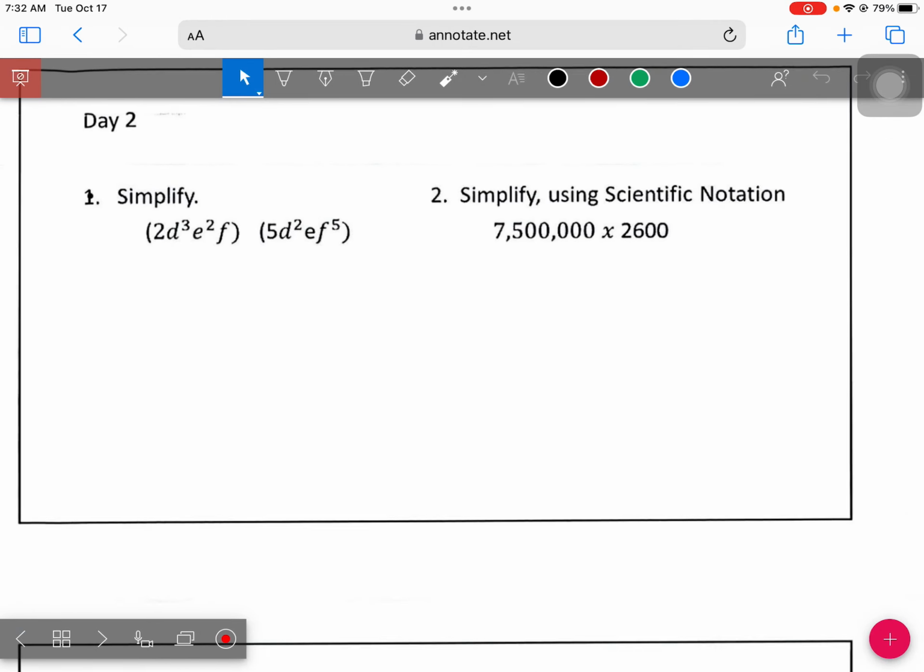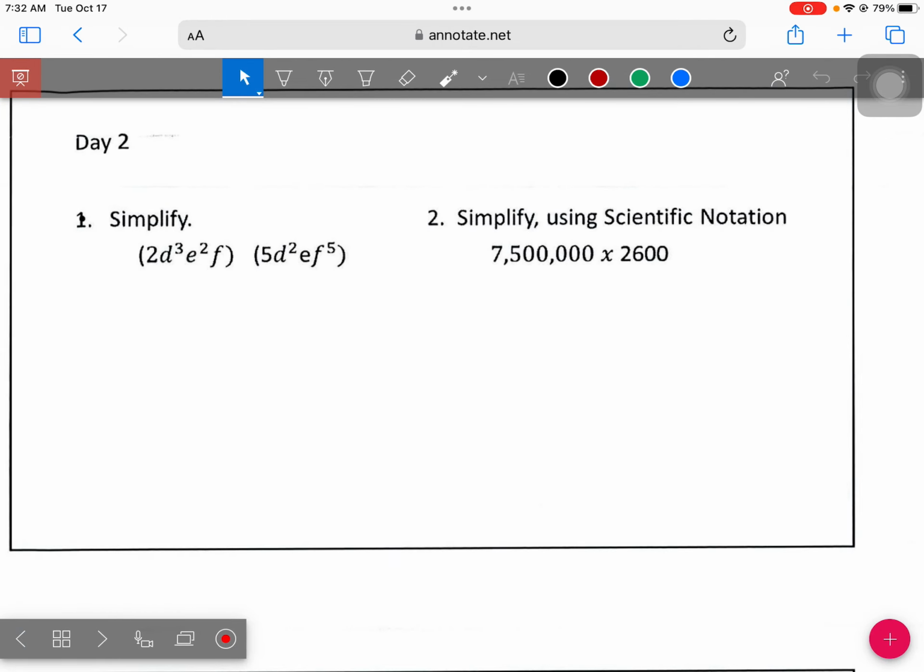All right, so day 2, simplify. We have 2 monomials, okay? One term is what we are calling these. So in simplifying them, well, first of all, does anyone want to offer up their answer? See if they're right. Morgan, I saw your hand first.